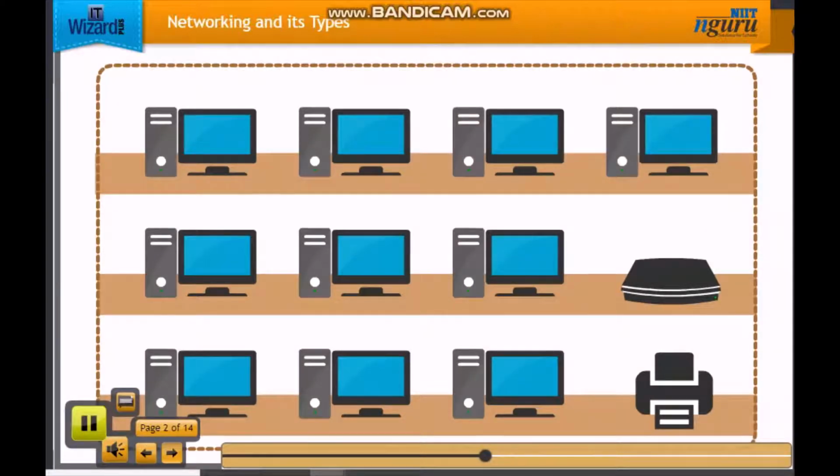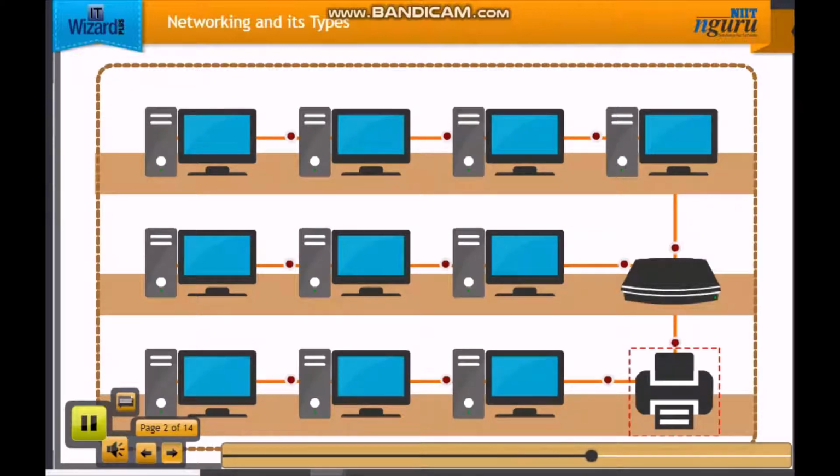These computers and devices are linked together so that they can communicate with each other, thereby sharing data and other hardware resources such as printers, scanners, etc. So, a computer network enables linking and sharing of information among computers and various peripheral devices.